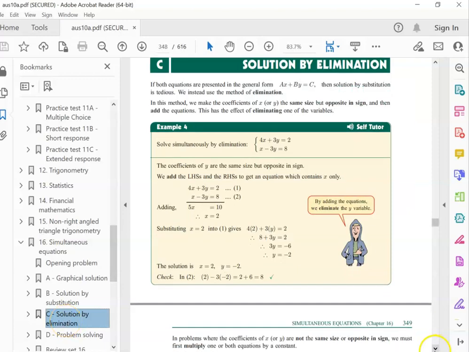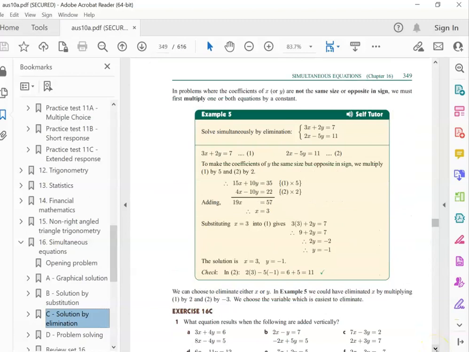So elimination is when we want to eliminate one of the x's or the y's, and for that to happen, they need to have the same coefficient. All right, and to do that, we find the smallest number that either the coefficients of x go into or y. You make a choice. In this example, they've decided to get rid of the y's, so they've times 2 by 5 and 5 by 2. I would have gone, get rid of the x's because the number is smaller.